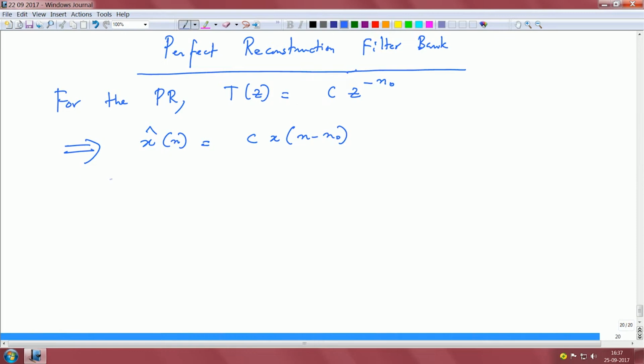Now, let us consider the quadrature mirror filter bank system.